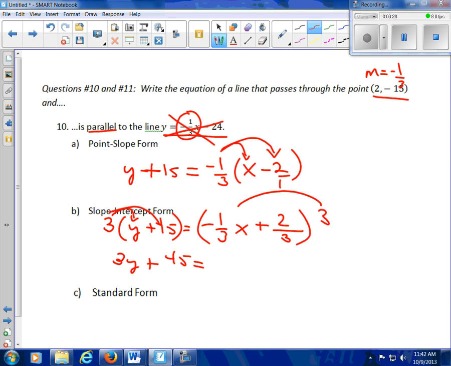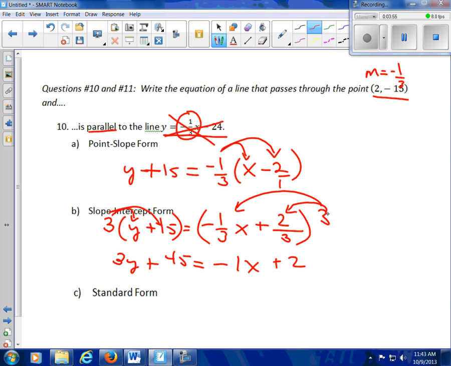So I jump over to the other side. 3 times negative 1/3. I can cross cancel before I multiply. 3 goes into 3 one time, and 1 times negative 1 gives me negative 1x. Then 3 times 2/3: 3 again cross cancels into 3, giving me 1 times 2, which is 2.